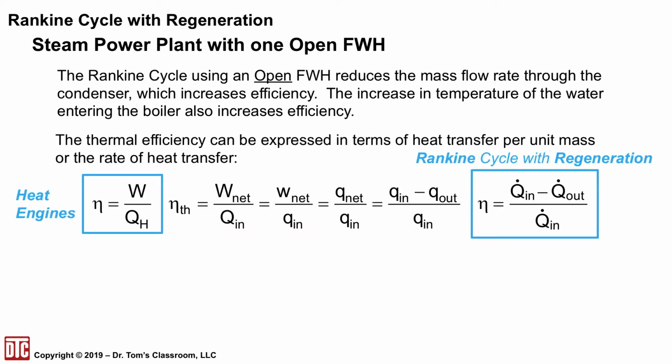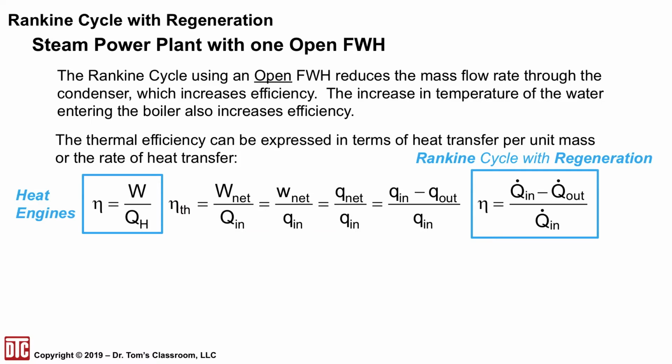Okay, looking at the thermal efficiency, the heat engine equation that we've seen many times before, eta equals W over Q_H. Again, the W is actually W net, and the H is from the high temperature reservoir. I like to write that as eta thermal equals W net over Q_H, and in terms of per unit mass, that would be W net over little q_H.